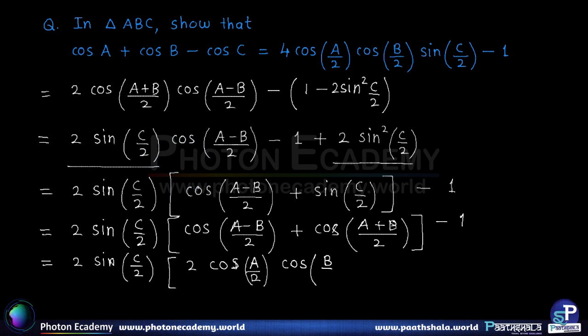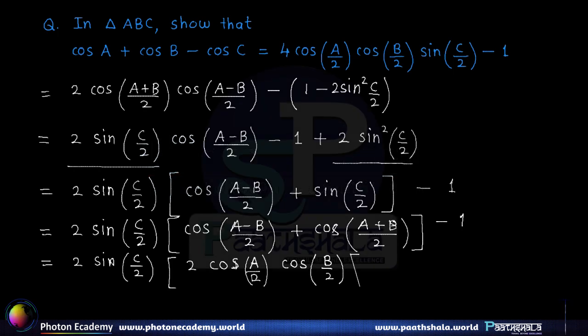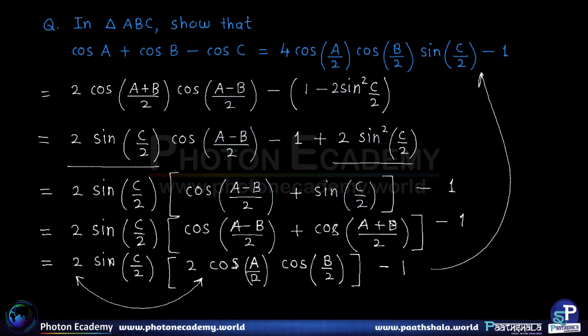So therefore we will get A/2 and B/2 as the required angles. And at the end we have minus 1. So when you merge the two terms, on multiplying we get 2 into 2, 4 cos(A/2) cos(B/2) sin(C/2) − 1. That is the same as the required right hand side. So that proves the result.